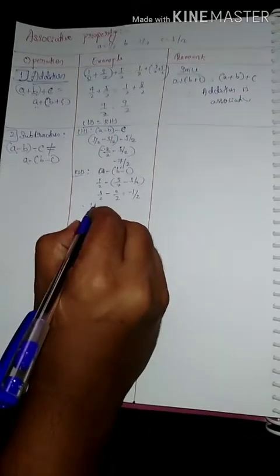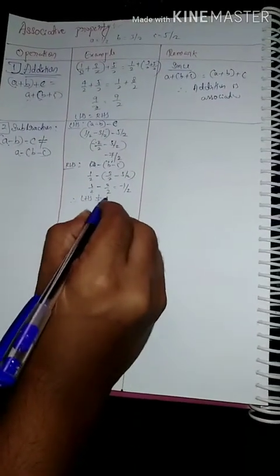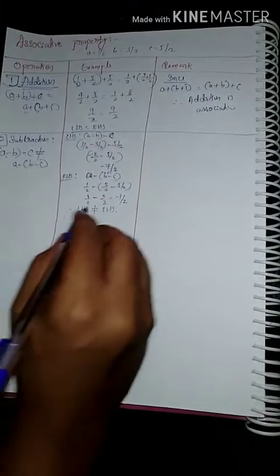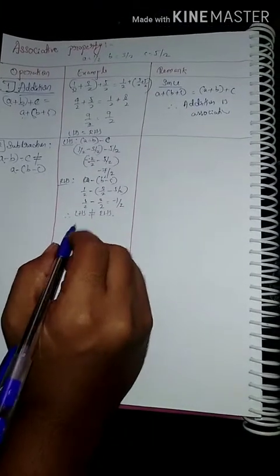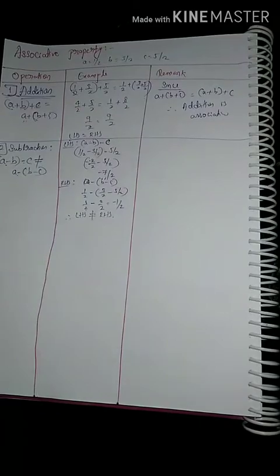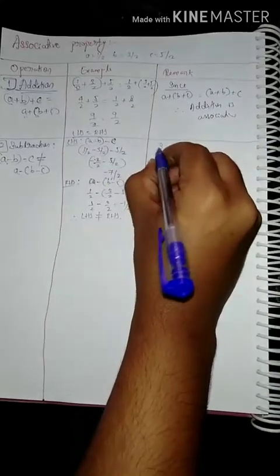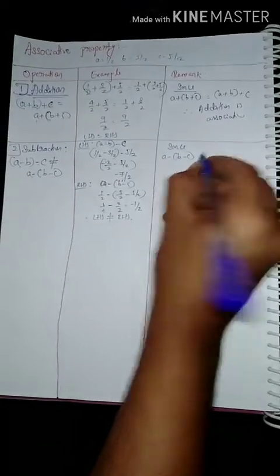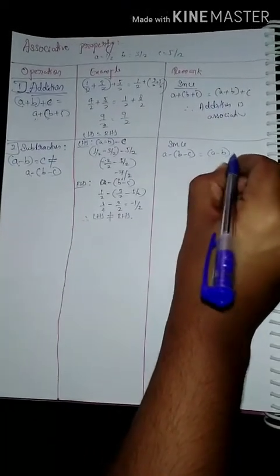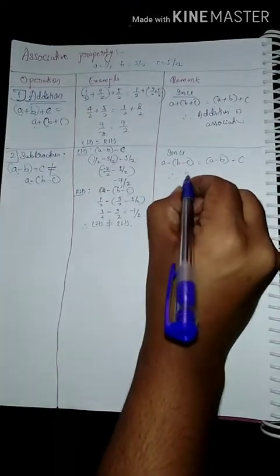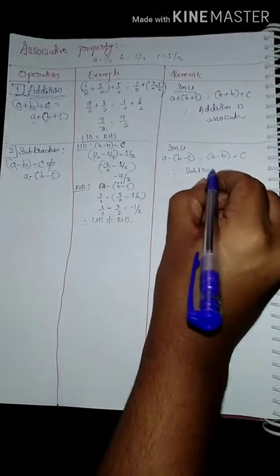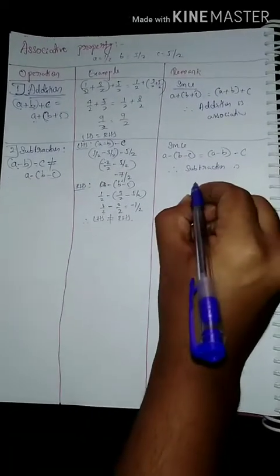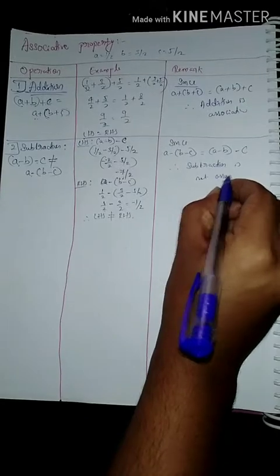Therefore LHS is not equal to RHS. Hence subtraction is not associative. Write in the remark, since (a minus b) minus c is not equal to a minus (b minus c), therefore subtraction is not associative.